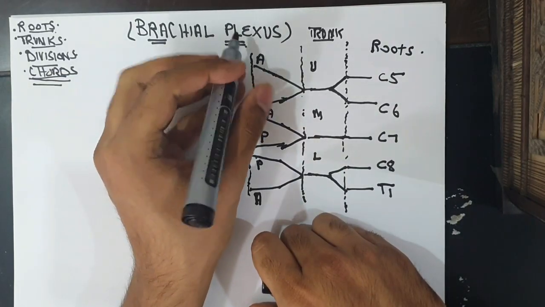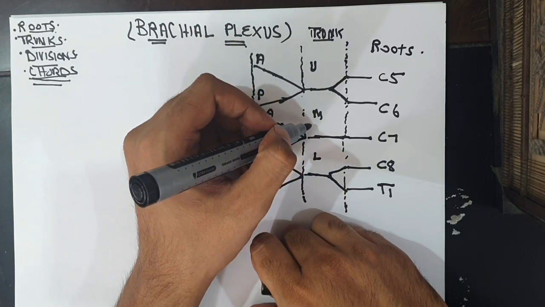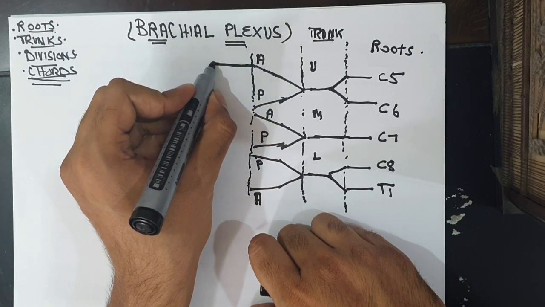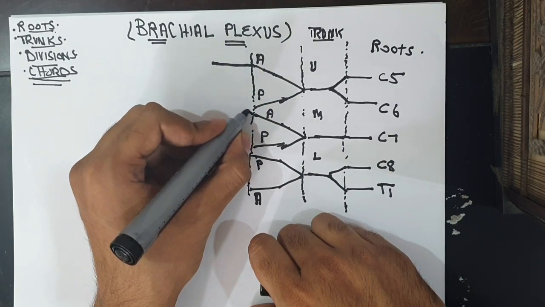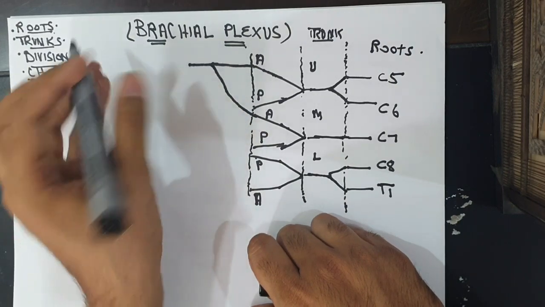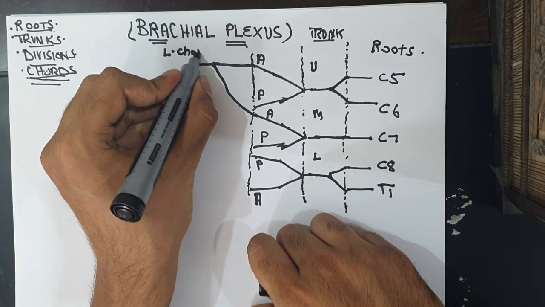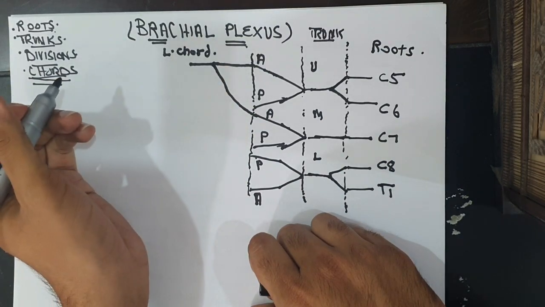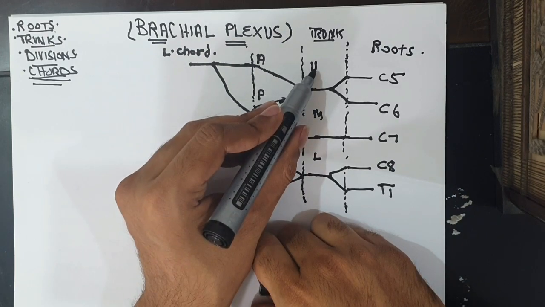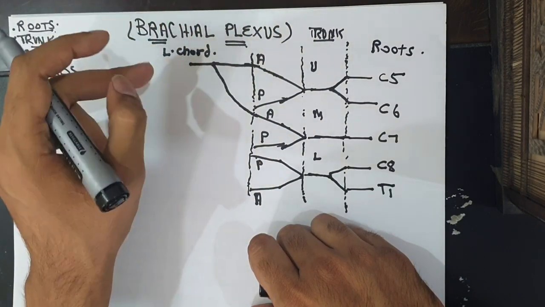The anterior divisions of the upper and the middle trunks, they are going to combine to give us what we call the lateral cord. Understand? The anterior division of the upper trunk and the anterior division of the middle trunk combine together and form the lateral cord.